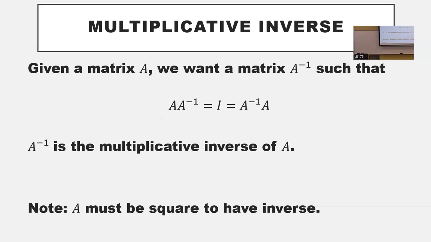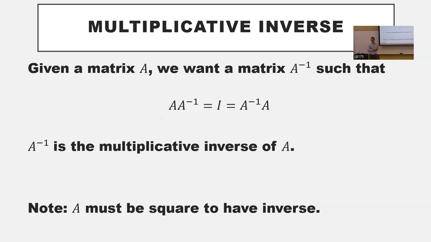And we denote A to the -1 power as that matrix that when you multiply it times A, you get back the identity. We are also, in this class, going to require that both multiplications work.